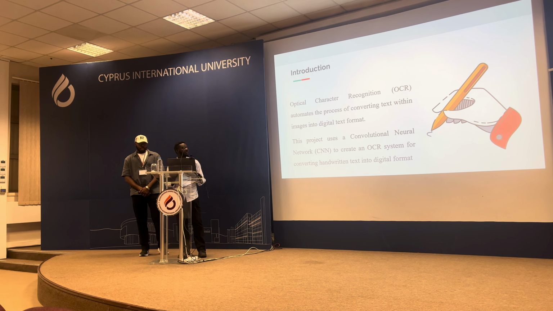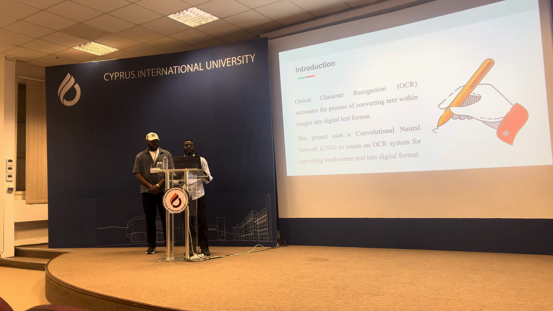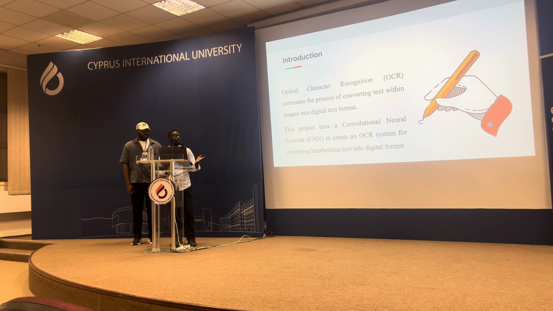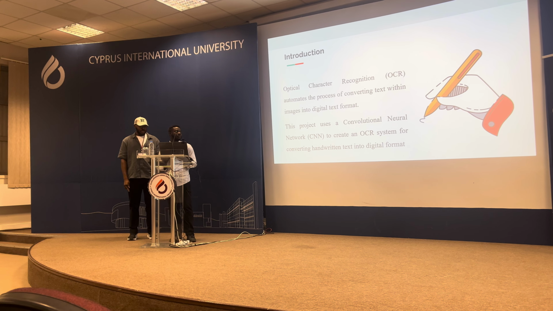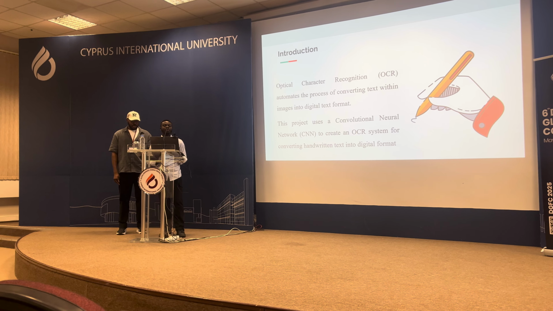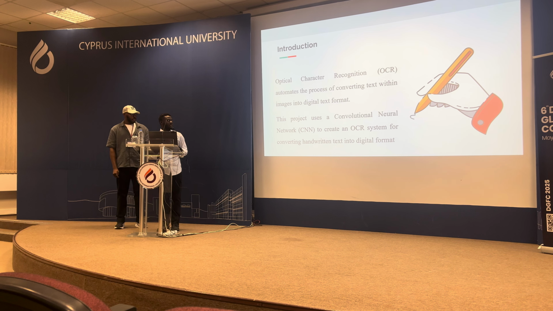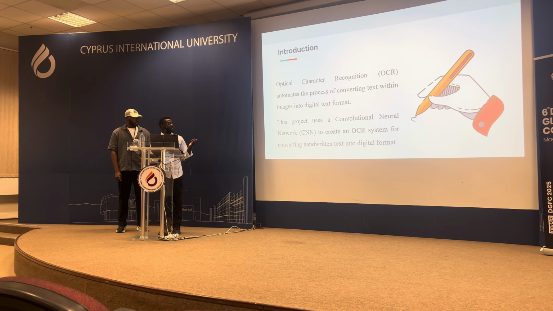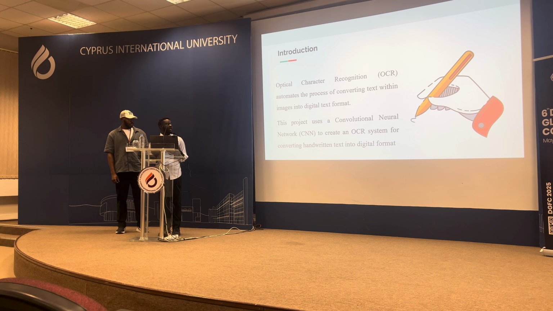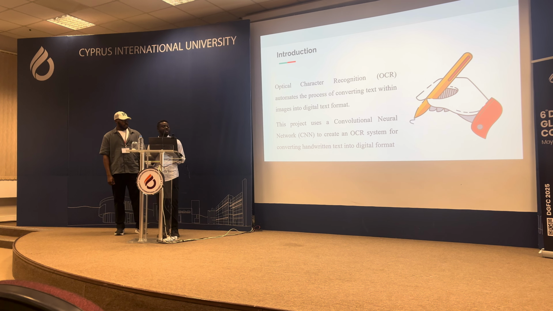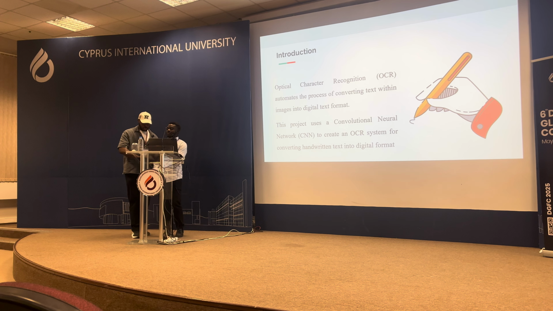I would like to say that there are several algorithms that can work with this, but we chose convolutional neural network, which is good for prediction of data sets. This project is a convolutional neural network to create an OCR system for converting handwritten text into digital format.